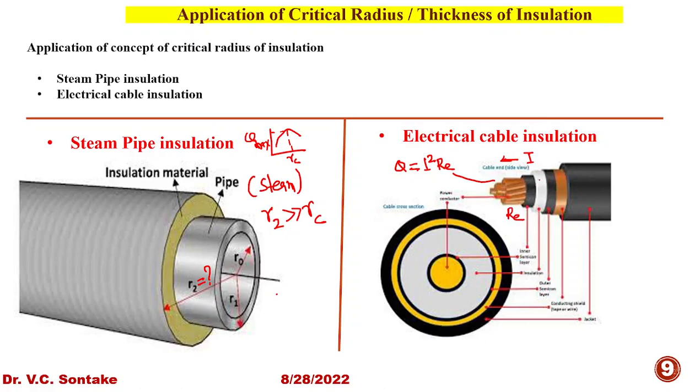Now these electrical cables are also provided with PVC insulations of different layers. At this moment, no need to bother about the insulation class. So when these electrical cables are provided with PVC insulation, the question comes, what should be the radius of insulation?